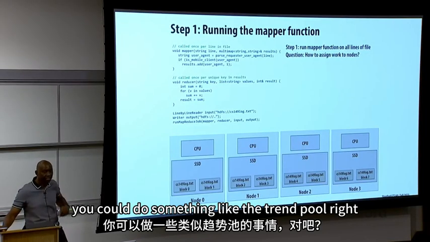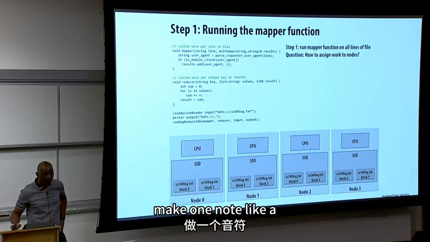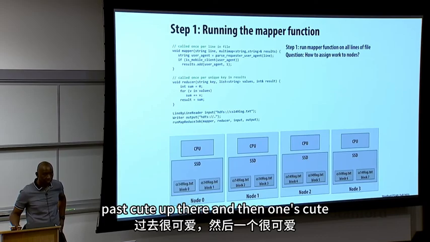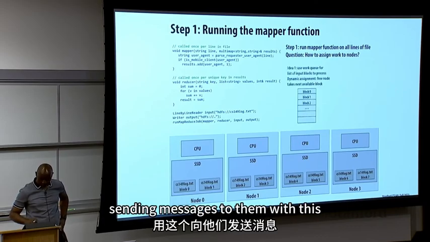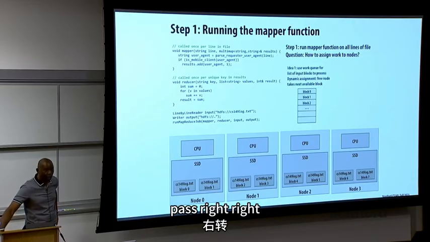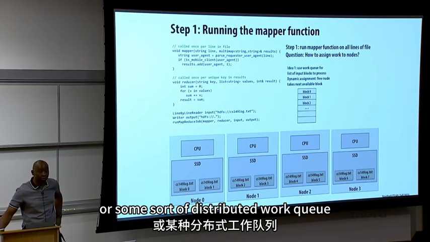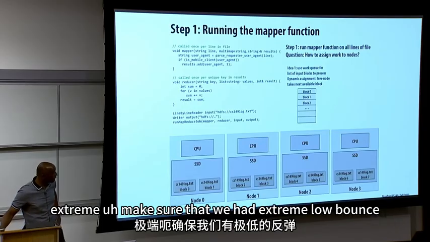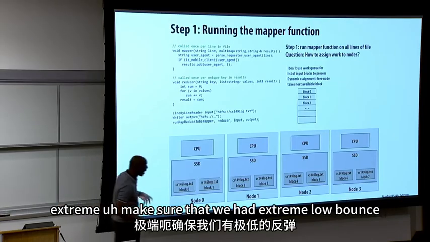You could do something like a thread pool. Make one node a master node and have all the tasks queued up there, and have the other nodes keep sending messages to get the next task. Use a distributed work queue to make sure we had extreme load balance.